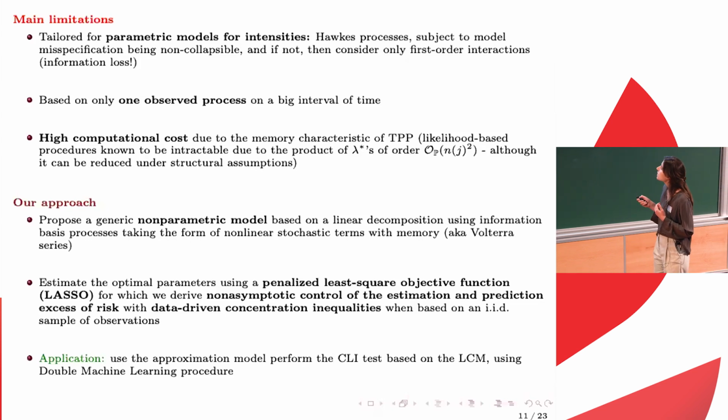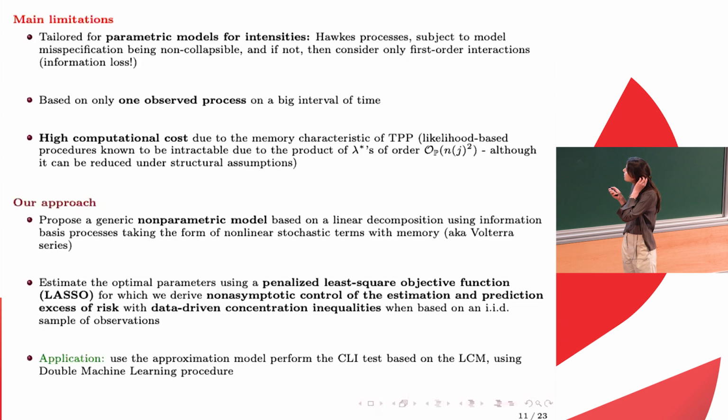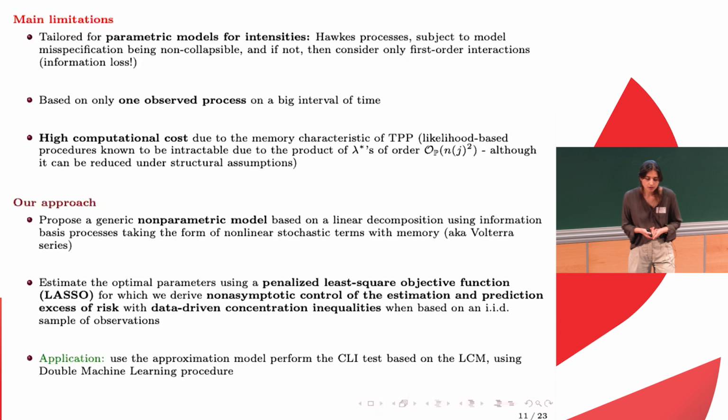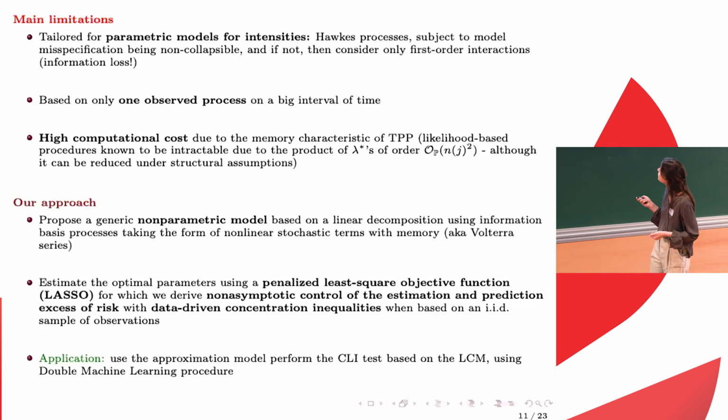We propose to estimate the optimal parameters of our decomposition using a penalized least square objective function, namely the lasso, for which we derive non-asymptotic control of the estimation and prediction excess risk, with data-driven concentration inequalities. And lastly, we propose a practical procedure, but we don't have numerical results yet.